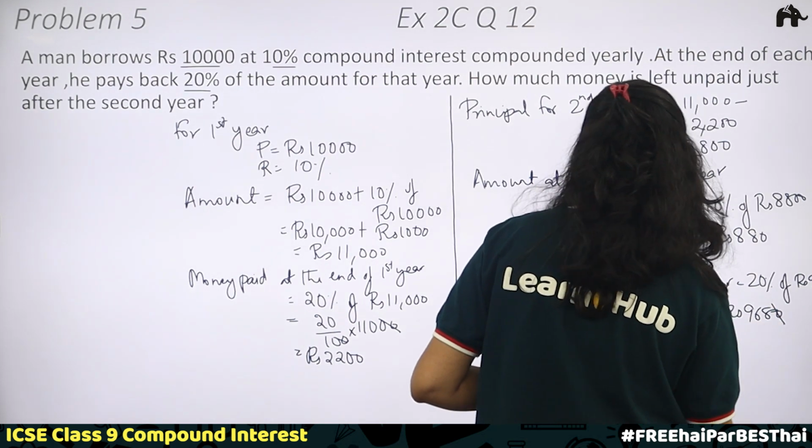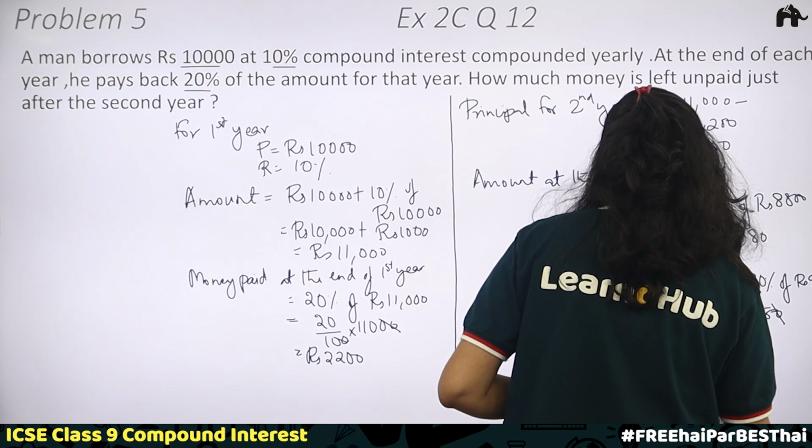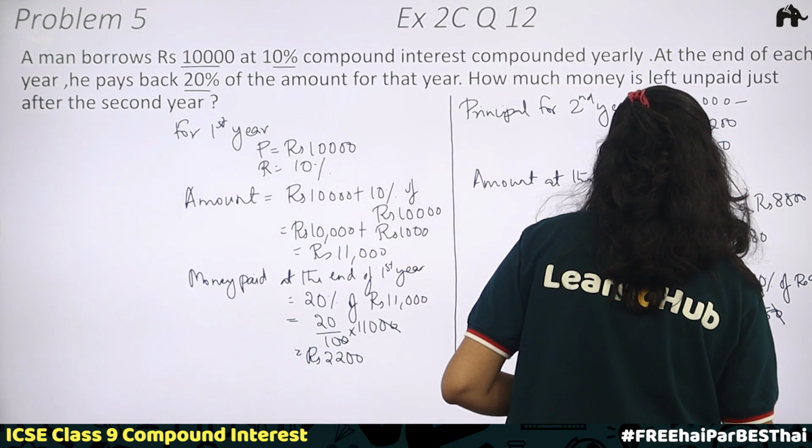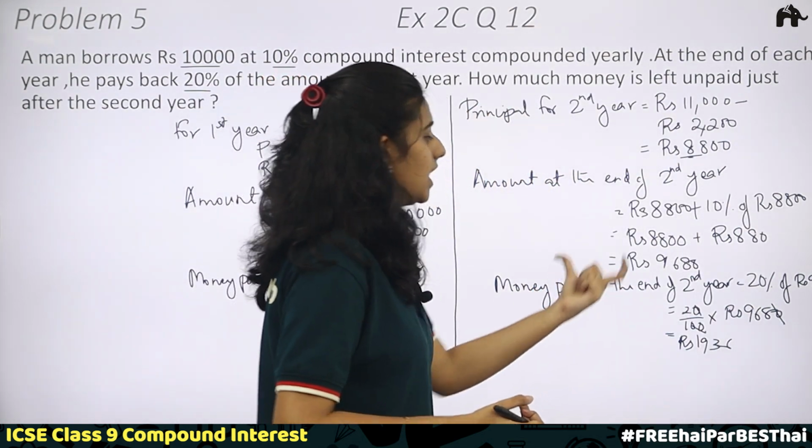Cancelling out zeros, you will be getting rupees 1,936. Okay, rupees 1,936 is the money paid at the end of second year.